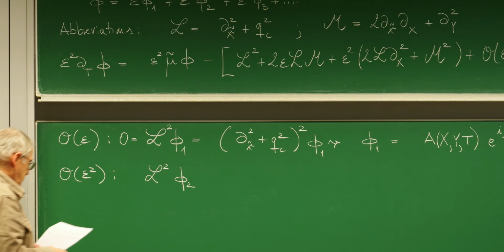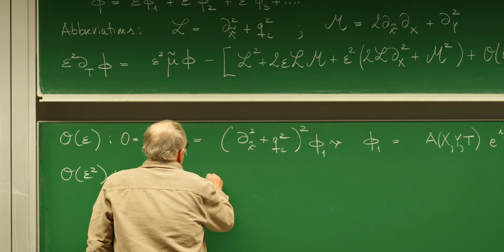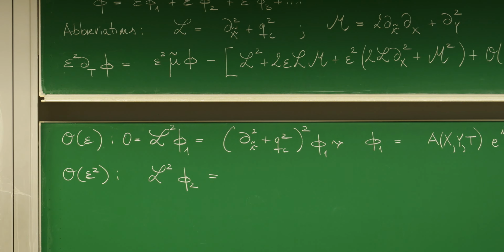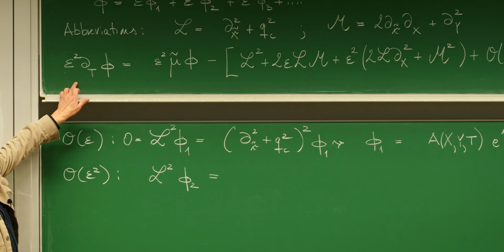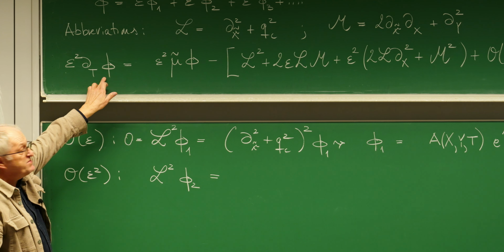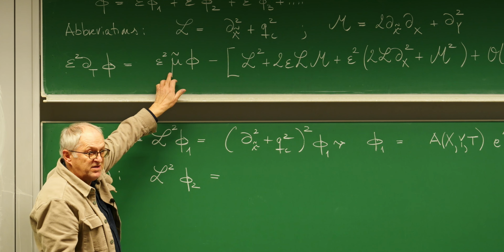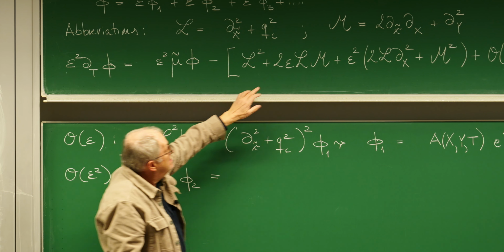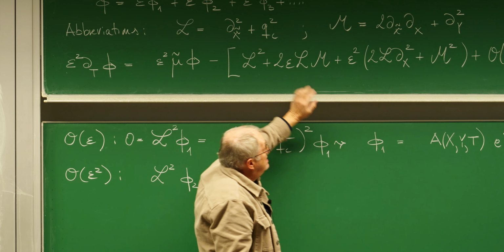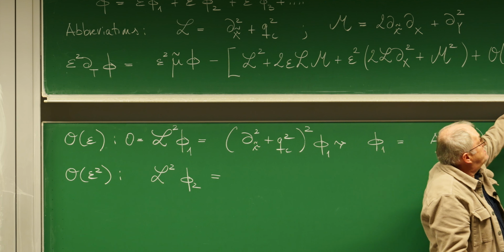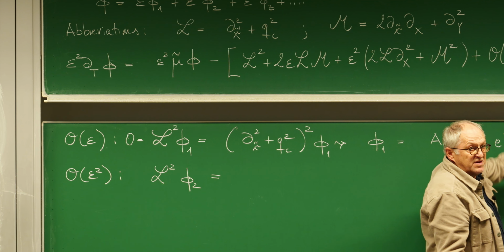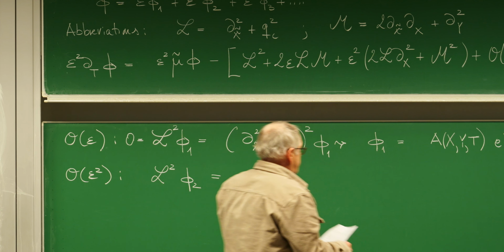That's the order epsilon squared term. Where else do we have order epsilon squared? Not here, because that's order epsilon to the third. Since phi starts with order epsilon, this is also epsilon squared, so not this one. What about that one? It's order epsilon here, and when I pick the order epsilon, so the leading order term from the solution, this is of order epsilon squared.